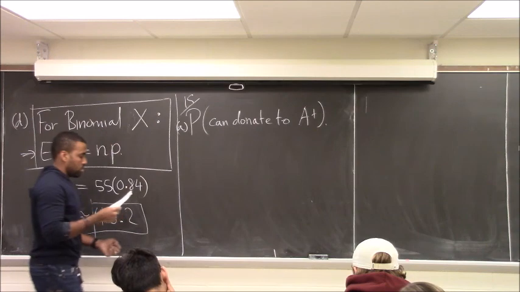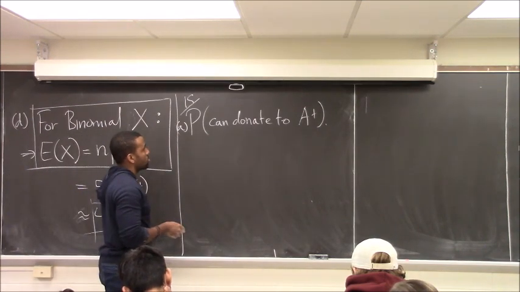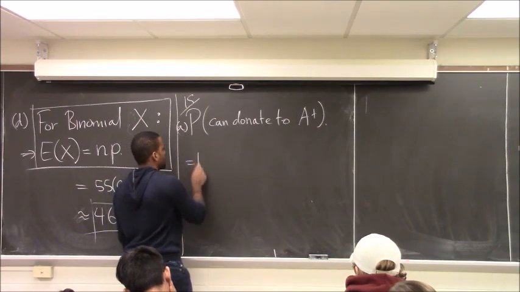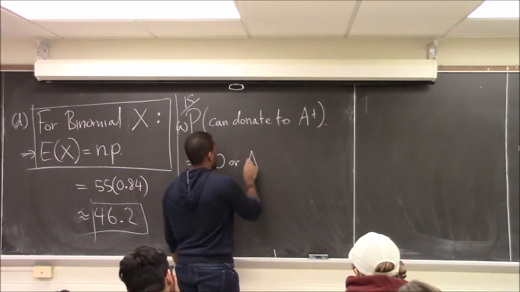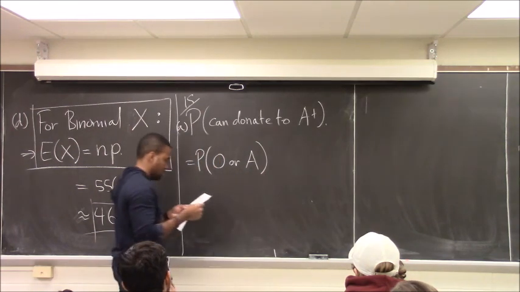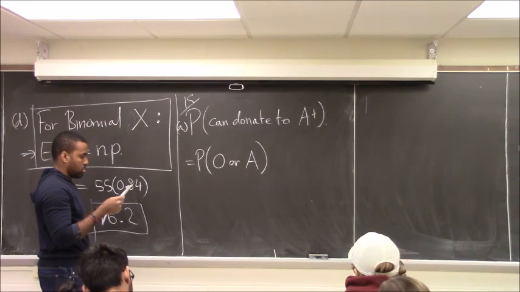We said that would mean they had either blood type O or blood type A, so it would be the sum of the probability of having O and the probability of having A. Then we add them together: 0.43 plus 0.41.